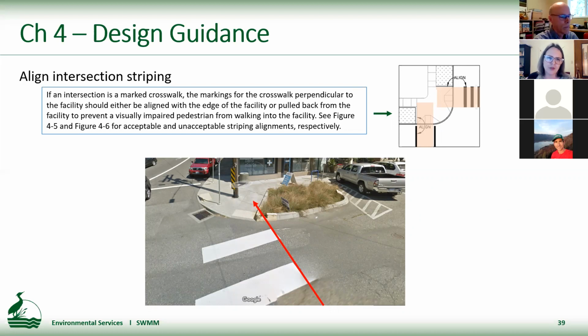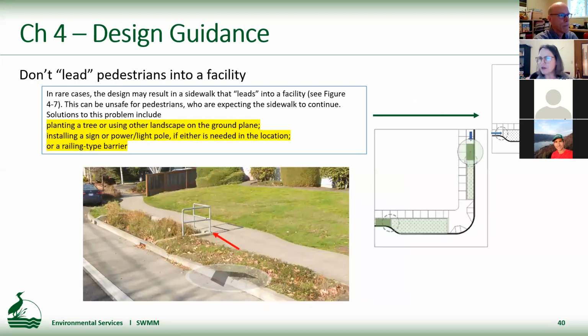was a problem for the visually impaired. So just acknowledging that and reminding everyone to think about it. Along those lines, this is another example of the actual sidewalk leading into the facility. So we have some solutions, including a railing, as you can see in the drawing.